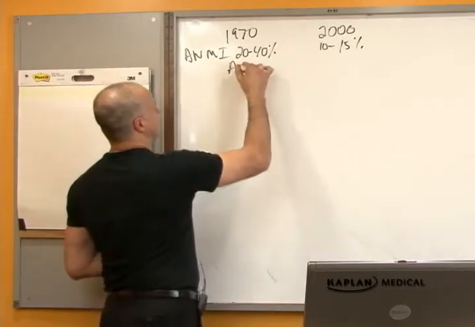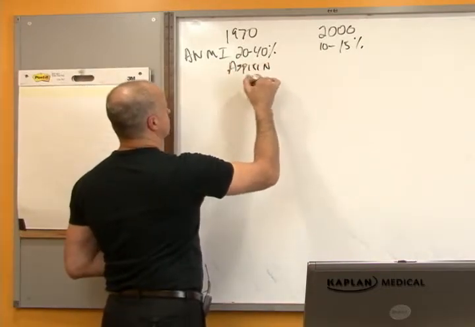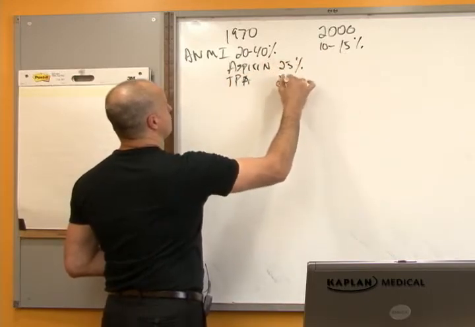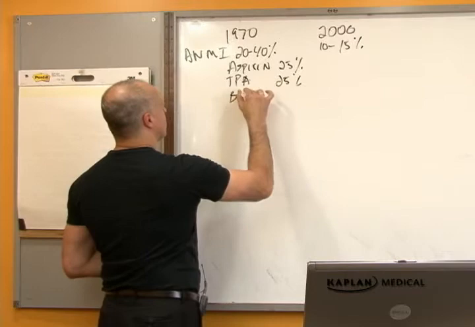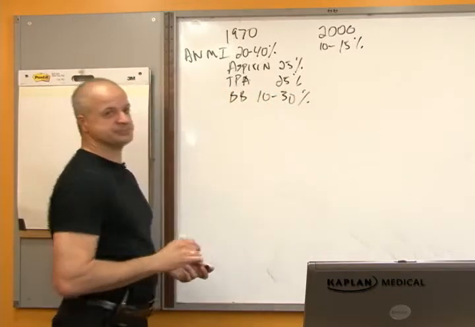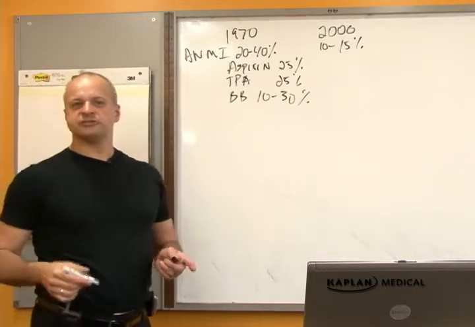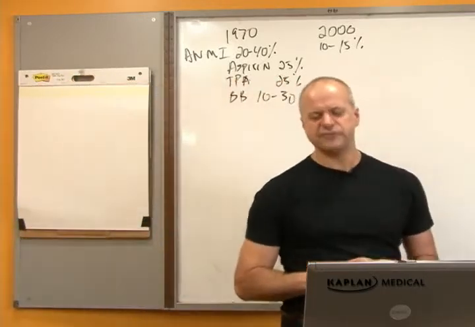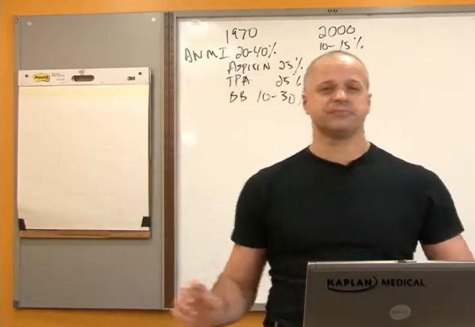Aspirin resulted in a 25% relative risk reduction. Thrombolytics and angioplasty resulted in a 25% relative risk reduction. Beta blockers somewhere between a 10 and 30% depending on how you look at it. So people are alive. The survival from myocardial infarction has markedly improved.